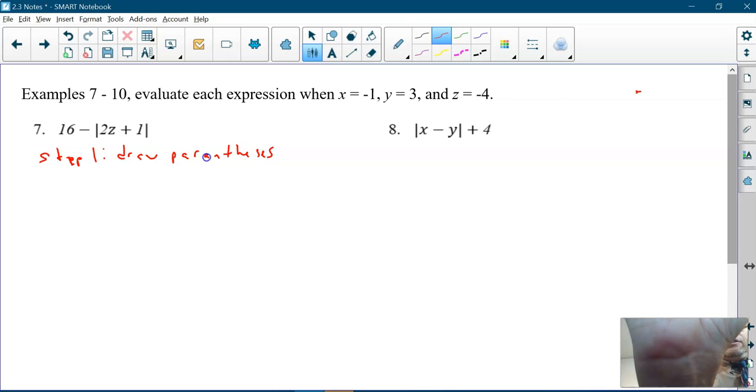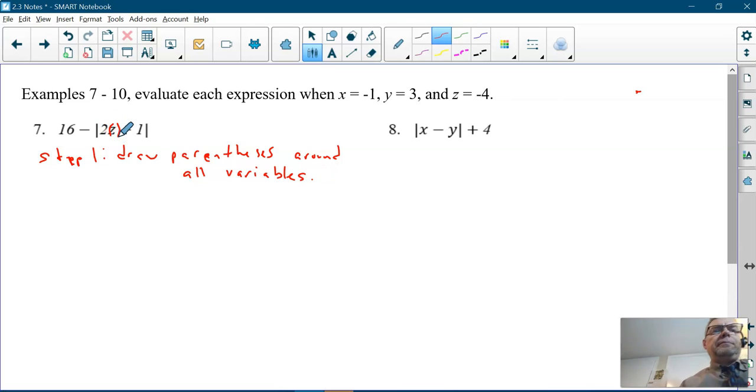Draw parentheses, with an E, to spell parentheses the right way, around all variables. Now in problem number 7, there is only one variable. It happens to be the variable z.